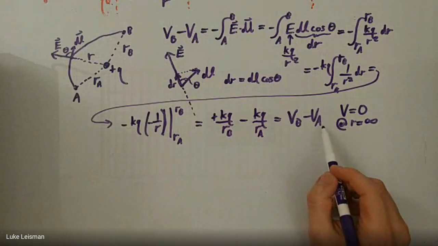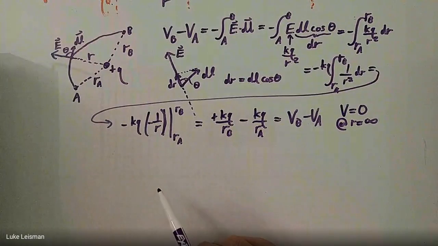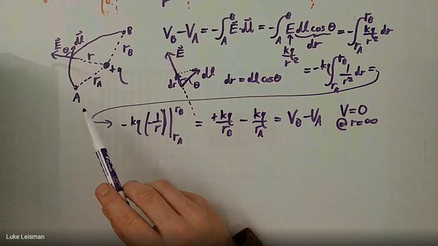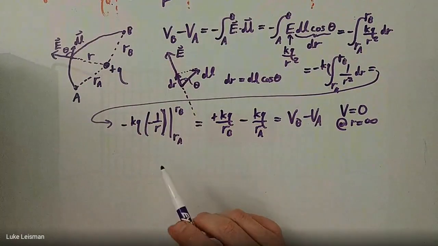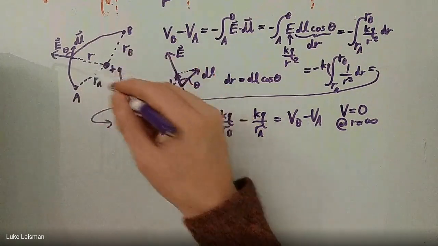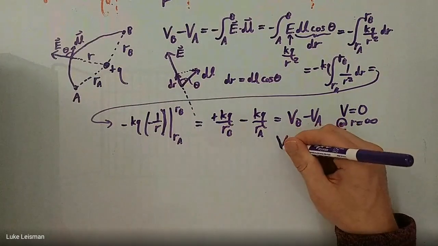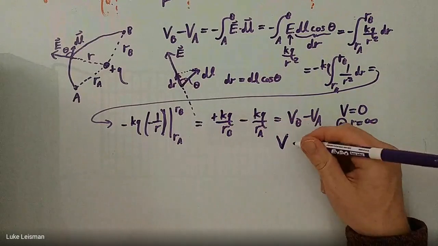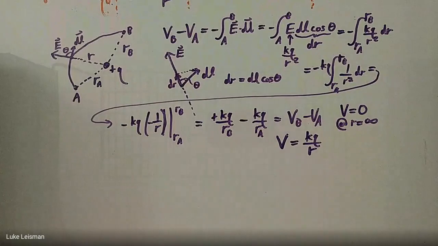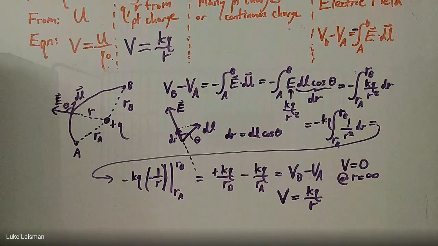So if we take A to be at infinity and B to be at some position, I guess it doesn't have to be at the positive charge, what we get is that the potential at any spot around this charge is just going to be KQ over R. And so that's the formula that we started with up here.